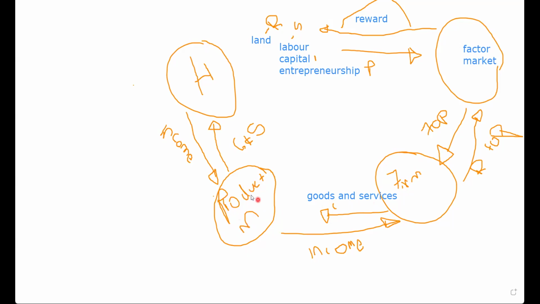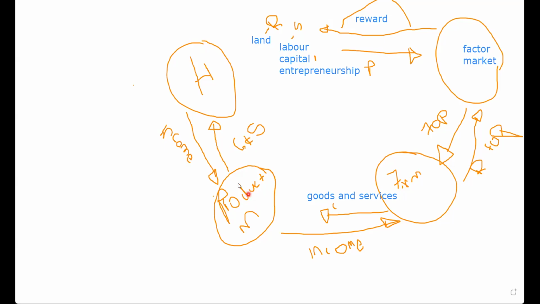Your product markets are your Pick and Pay, your markets where you buy goods and services that you use for consumption. And then also the product market pays for these goods and services, which is going to be an income to the firm. And also, we as households then go to the products markets to buy these goods and services.